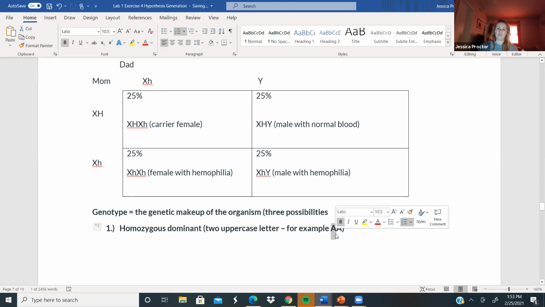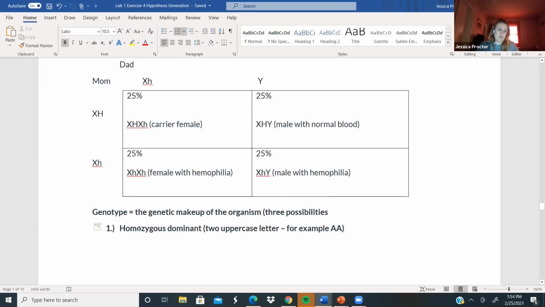Recall from chapter 2, we're getting 23 chromosomes from mom's ova, from her egg, and 23 chromosomes from dad's sperm. So at the locus, at the location on the chromosome that determines this particular gene, this particular trait, if there are two capital A's or two capital R's or two capital T's, whatever it might be, anytime you see two uppercase letters, you're always going to call that genotype homozygous dominant.